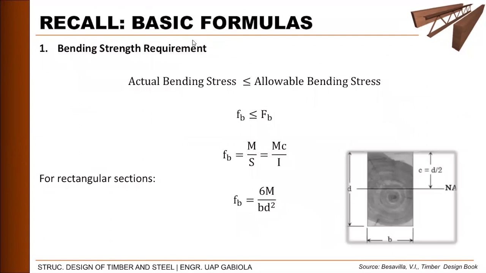So for flexure, when we are talking about a rectangular section, we are allowed to use the formula for the actual bending stress of 6 times the maximum moment within the beam over the product of the base times the square of our depth, wherein this pertains to the moment over our section modulus, or moment multiplied by the centroidal distance to the outermost fiber over the inertia of our section.